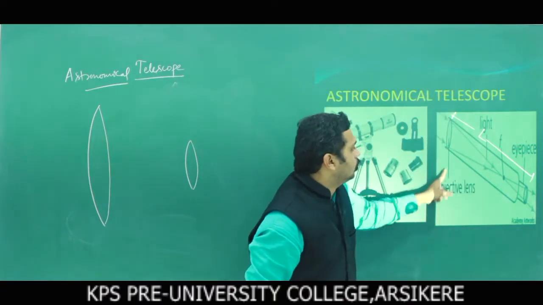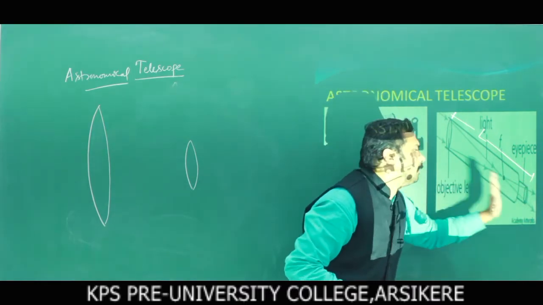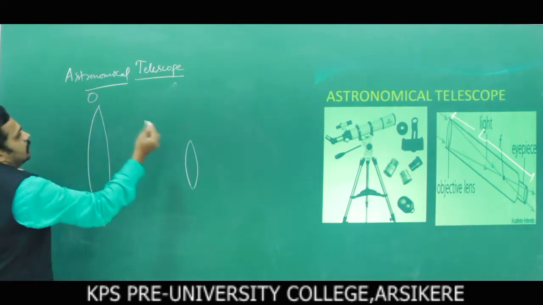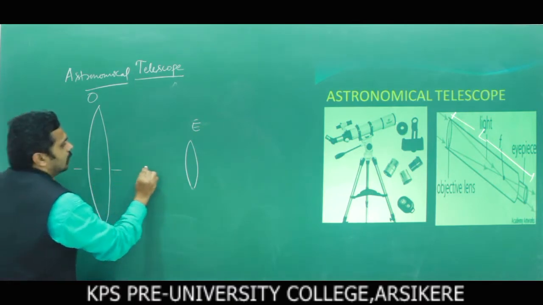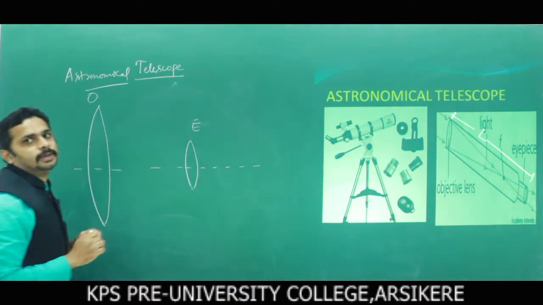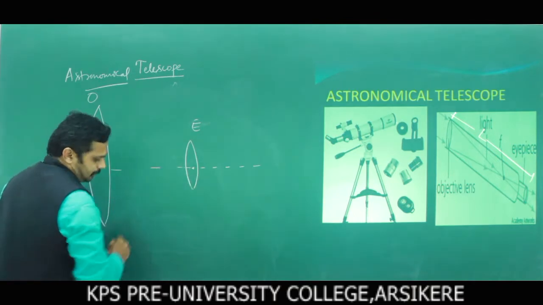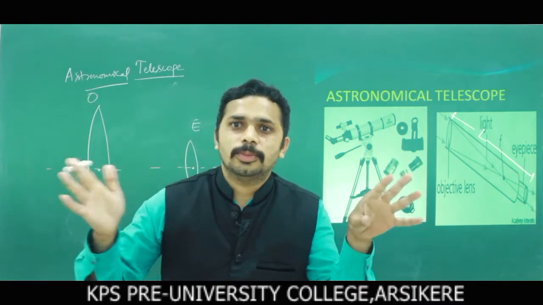At one end you place the objective lens, at the other end you place the eyepiece lens. The two lenses have a common principal axis. This is the common principal axis. Here the image forms at infinity, or at the far point.